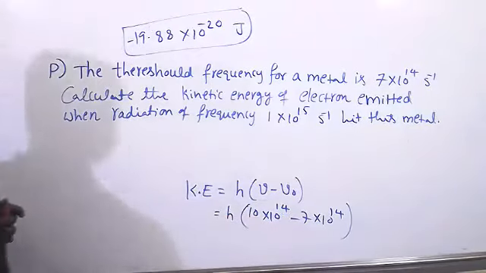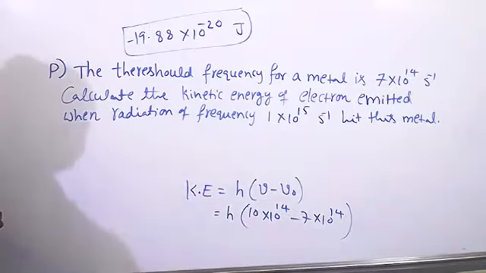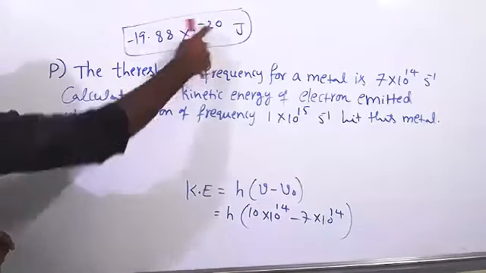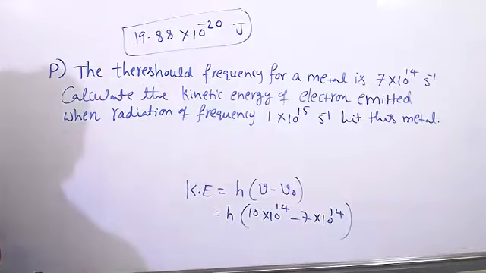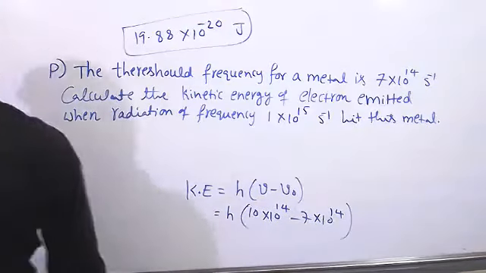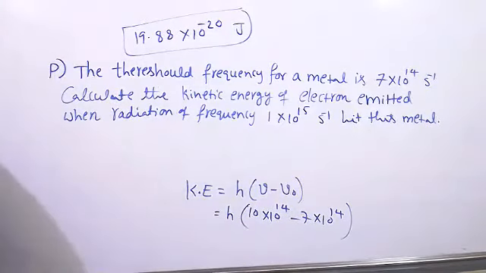So 19.878 into 10 to the power minus 20, that's minus 20, correct. Lambda is not given here. Frequency is given directly. Is it nu 0 minus nu? No, it is nu minus nu 0. Okay.